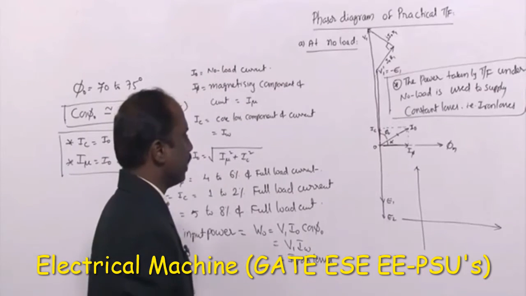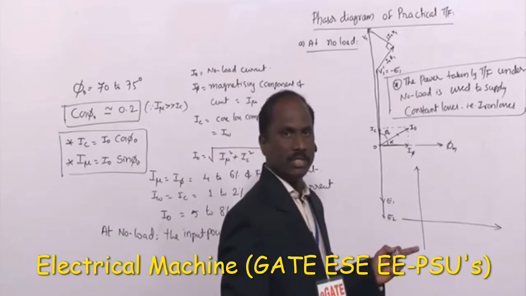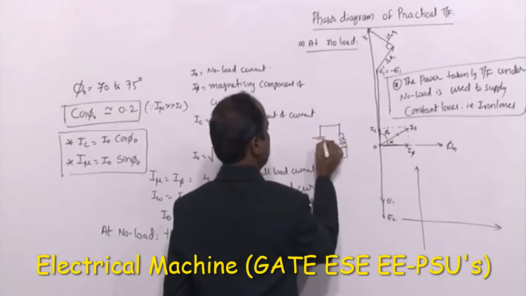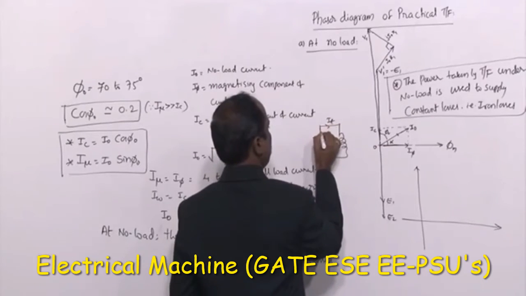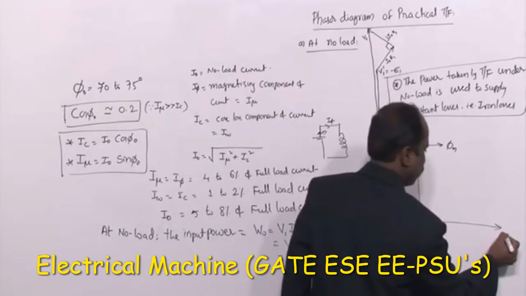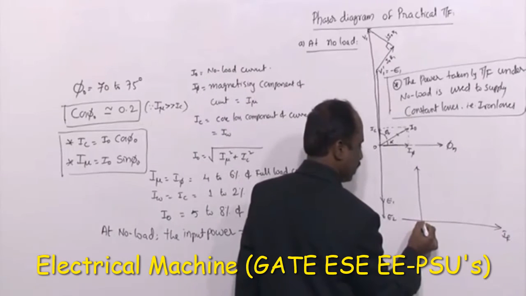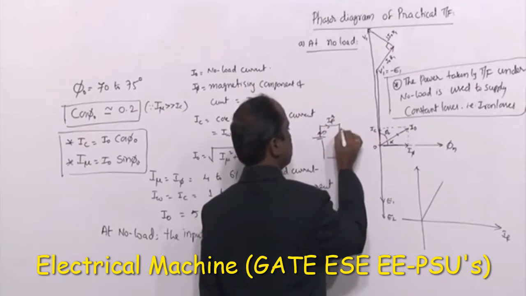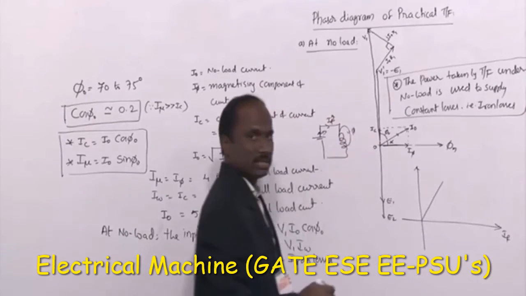Here, the magnetization curve is linear means, for example, if you take a coil and send some DC current through it, and you are increasing this current, that is, if we increase the field current, whatever flux we are getting should also increase linearly.